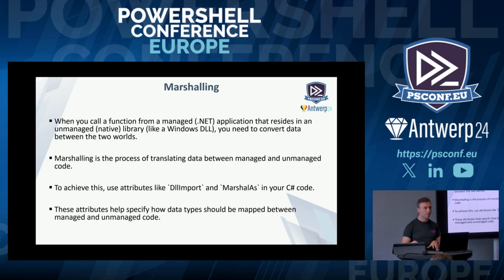PowerShell is based on the .NET framework, which is what is called managed. So it uses managed libraries. But when you call APIs, those are native libraries, or unmanaged. Now we need to somehow talk from managed code to unmanaged code, so we must have some kind of conversion, and this conversion is called marshalling.